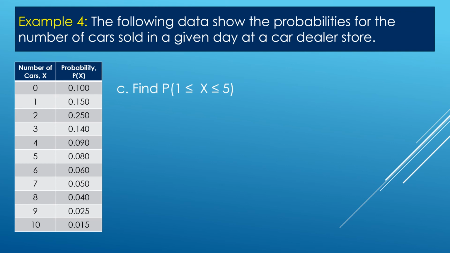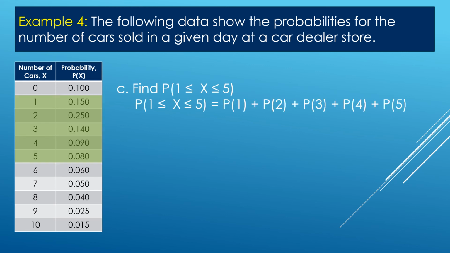So which numbers are included in the given condition? So we have 1 is included, 5 is included, and between them. Okay, so we have the probability of 1 plus probability of 2 plus probability of 3 plus probability of 4 and plus probability of 5.